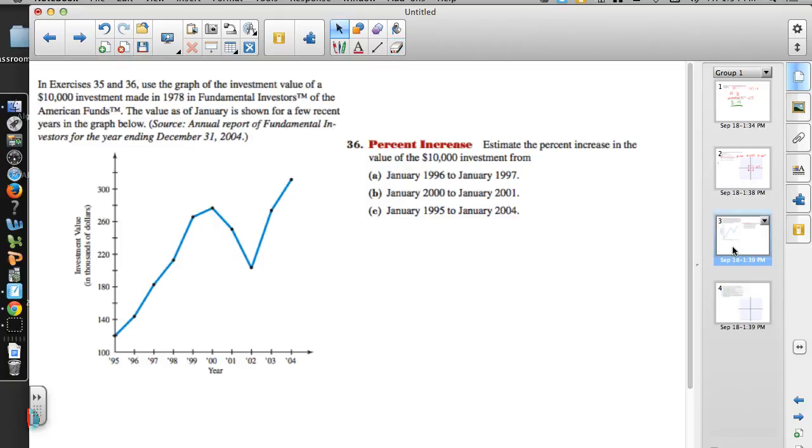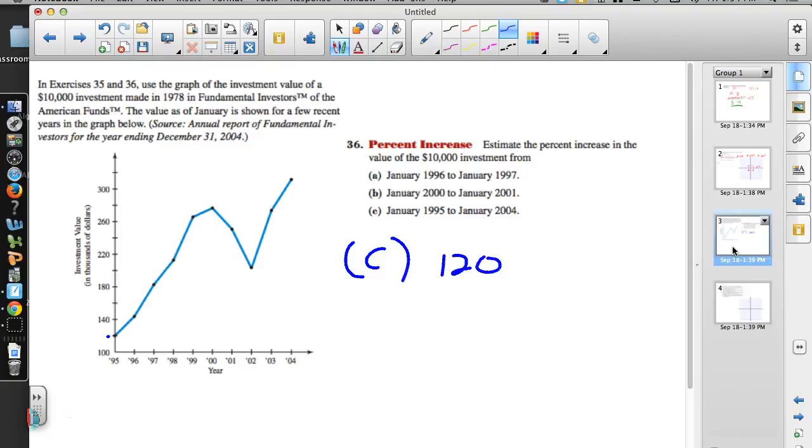Then C, January 1995. Well, that looks to be at 120. And what is it at the end? Well, at the end, it looks like I'm going to go with maybe 315. And again, it doesn't matter if it's positive or negative, so I'll do 315 minus 120. And then we have to have that over the original, which was 120.